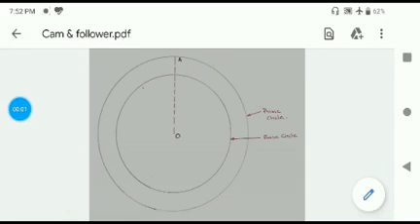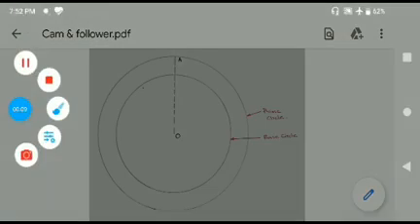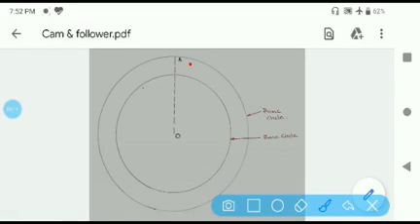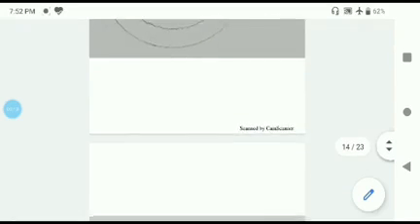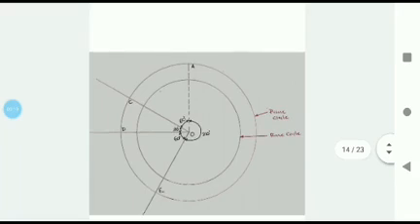Now most of the procedure will be similar to what we had done in the previous question. As you know, the point A is known as the trace point. Like in the previous question, you need to divide the circle into the various follower motion regions.